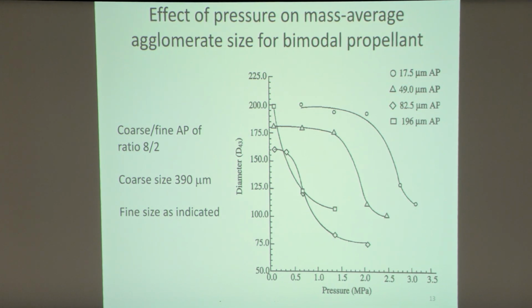The coarse particle is always 390, and what's being adjusted here is the medium or finer AP in the composite. And so two things you observe right away. If I increase the pressure, the size of the agglomerates coming off the surface decreases. Okay, so the burning rate's increasing, and so the particles have less time to stay on the surface because the gas is pushing them off.